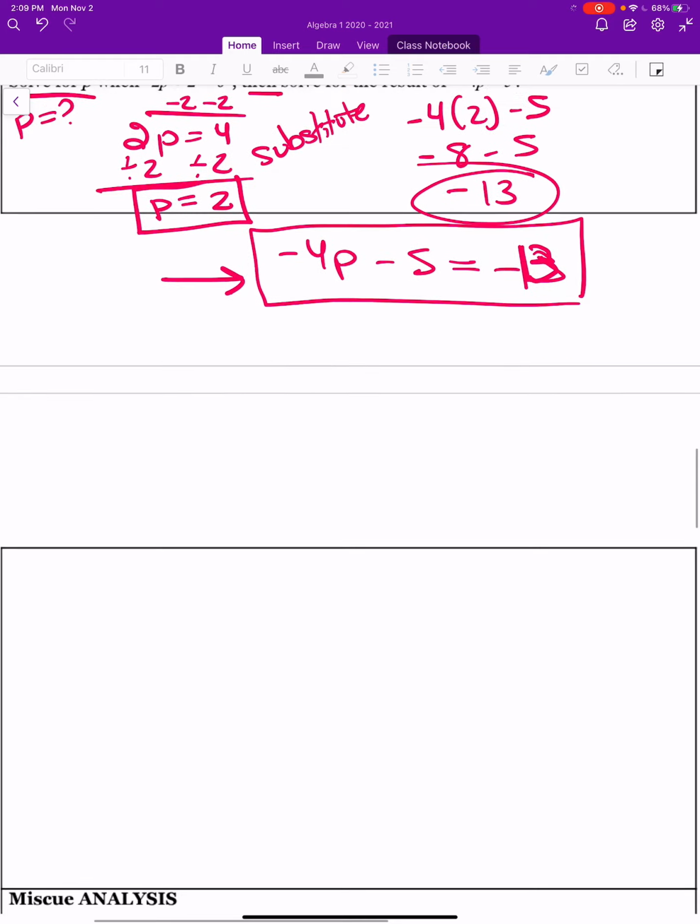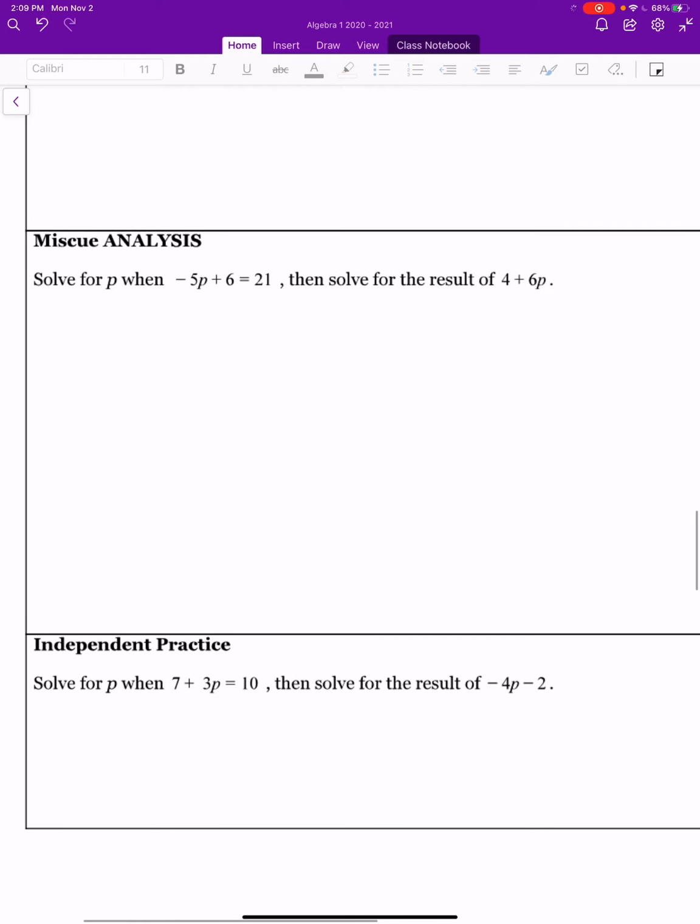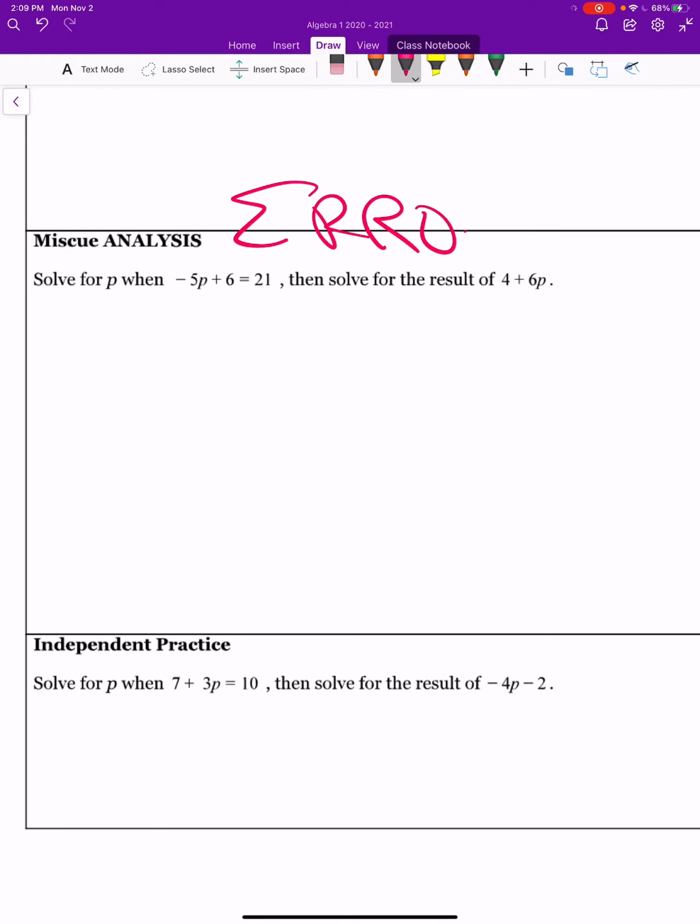All right. So now let's get into that error. Where is the error? Where's the miscue? Solve for p with negative 5p plus 6 equals 21. Then solve for the result of 4 plus 6p.